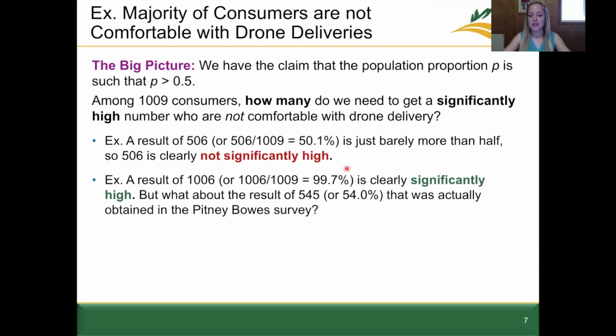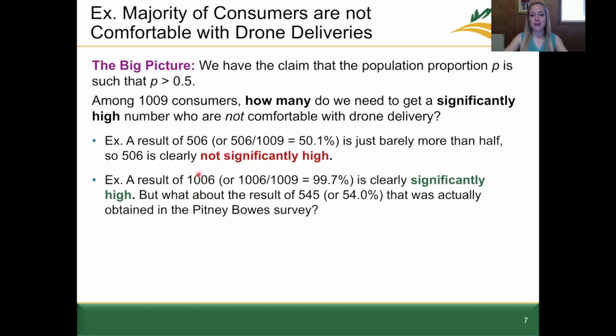Now, it might be hard to tell at this point because we haven't quite yet defined this meaning of significance here in Chapter 8. But with such a high percentage like this, 99.7%, we can pretty clearly say that it is significantly high. Okay, so we gave examples of 506 out of the 1,009 consumers, and 1,006 out of the 1,009 consumers.